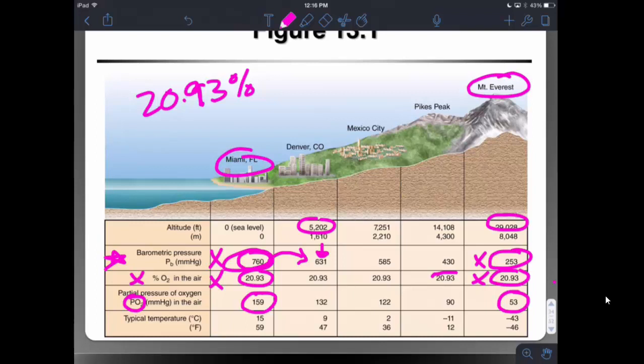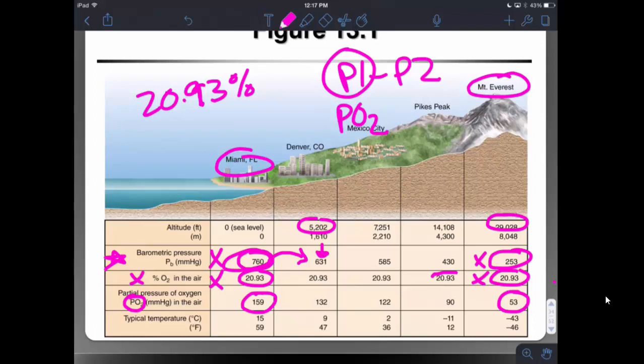And remember that the driving force for oxygen into the body is the pressure gradient. Okay? And if oxygen is coming into the body, right, it's P1 minus P2. P1 is the higher pressure, and that's going to be PO2. Okay?